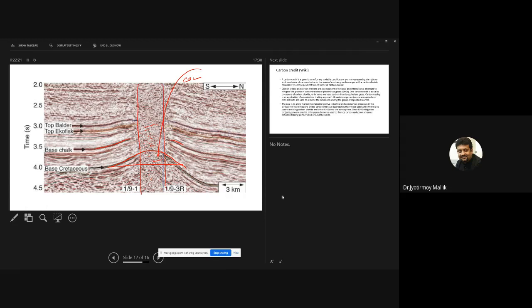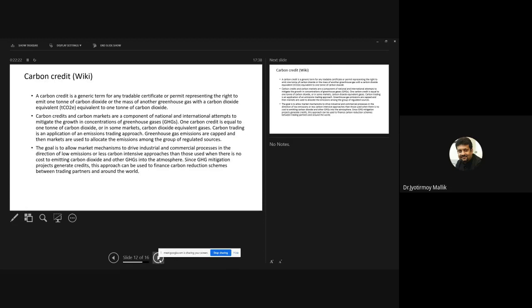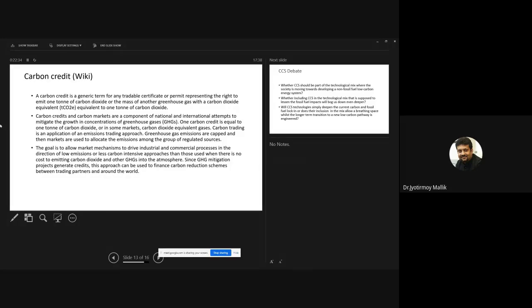Now, of course, this carbon capture and storage would be possible when the carbon credit system is in place. We talked about the carbon credit system a bit in the last class, but let us take you through it another time.